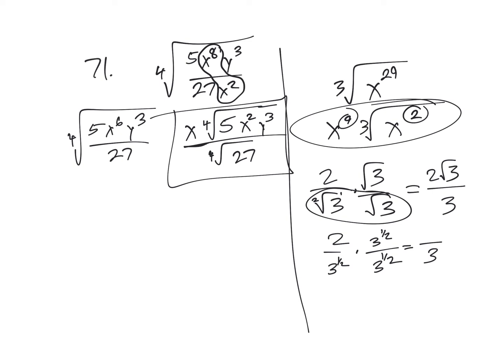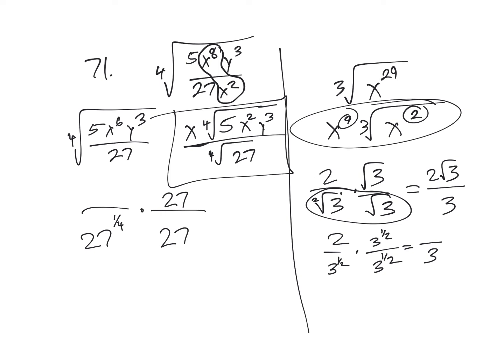Now the problem is, look at the problem we have. We have the 4th root of 27. So it's in the denominator. So let's make that a fractional exponent. That's 27 to the 1/4. Are you with me so far? Okay, so this is in my denominator. So I'm going to multiply by something, the same base, on the top and the bottom.